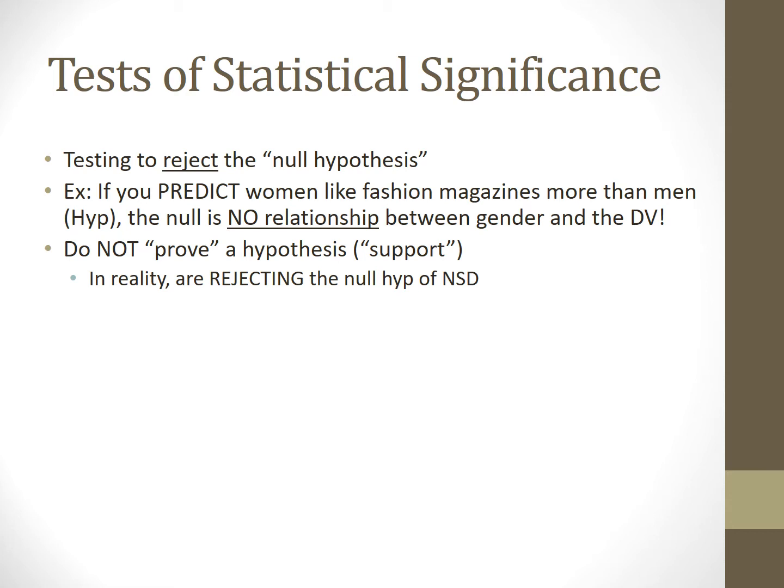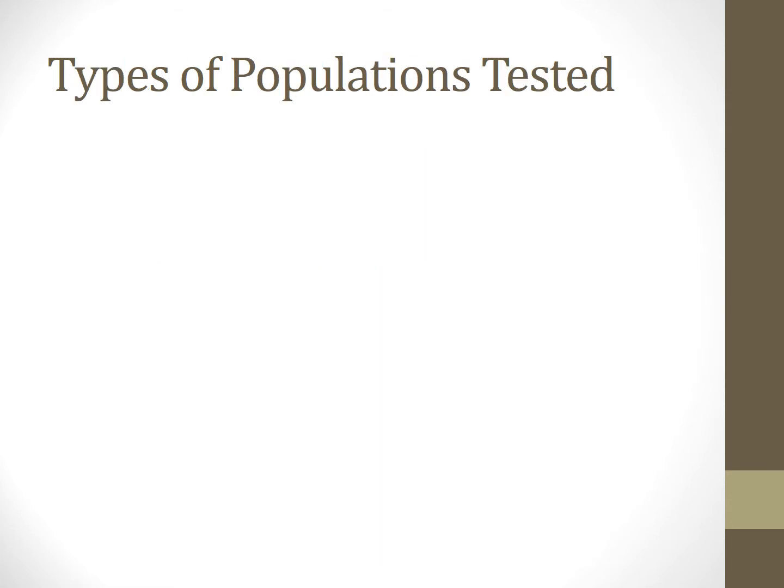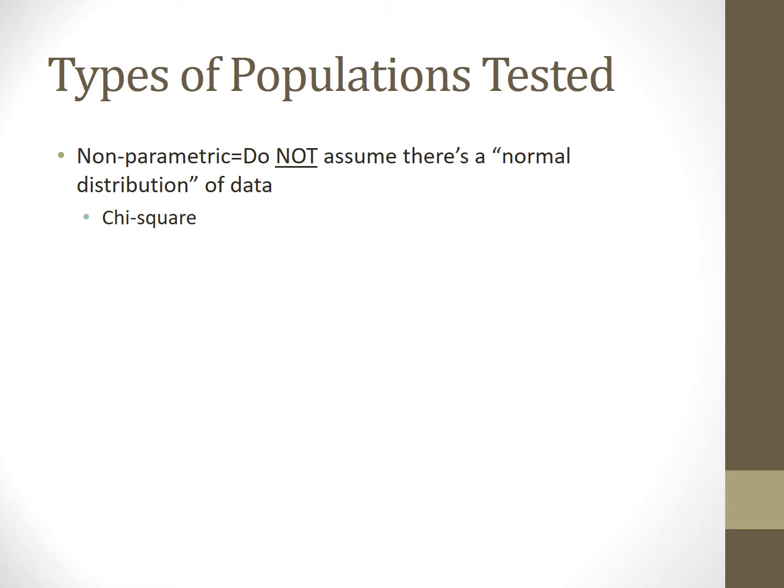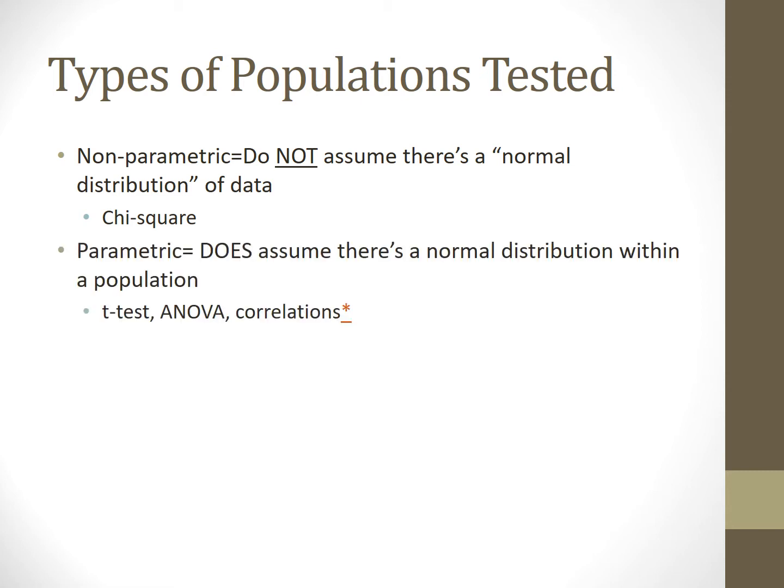The null hypothesis usually is there is no relationship between the independent and dependent variable, and the test that we run will allow us to determine rejecting the null of no significant difference.